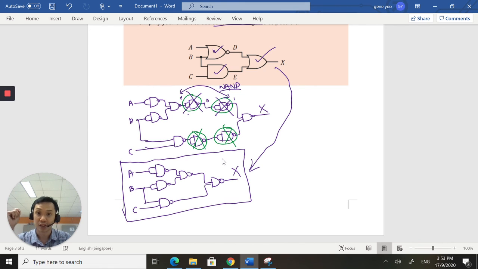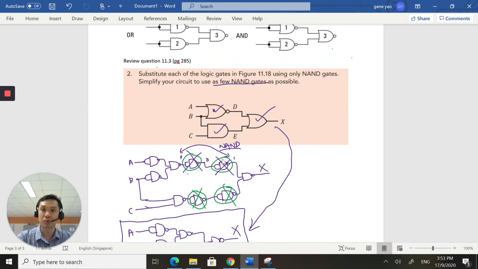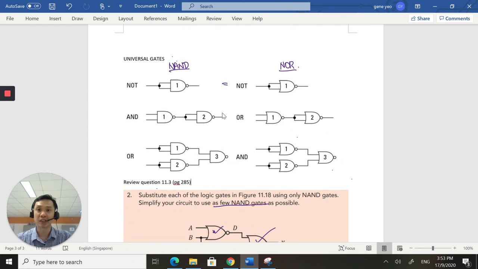Okay, so I hope you know how to summarize. You must know universal gates are gates that can be used to form other gates, any other gates. You must know how to draw NOT, AND and OR using NAND universal gates. You must also know how to draw NOT, OR and AND using NOR universal gates.